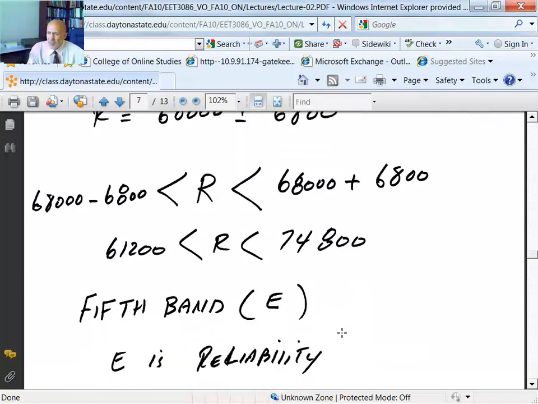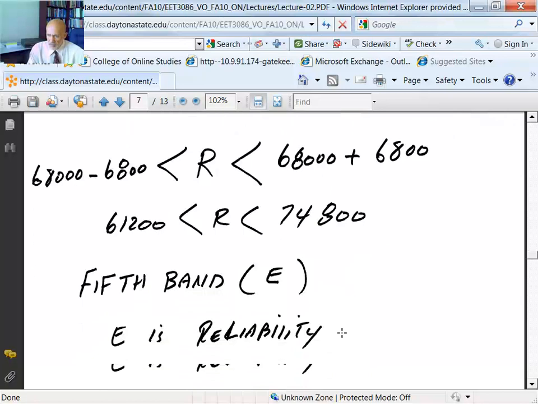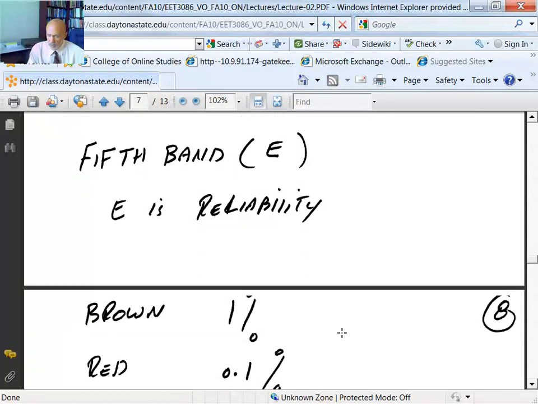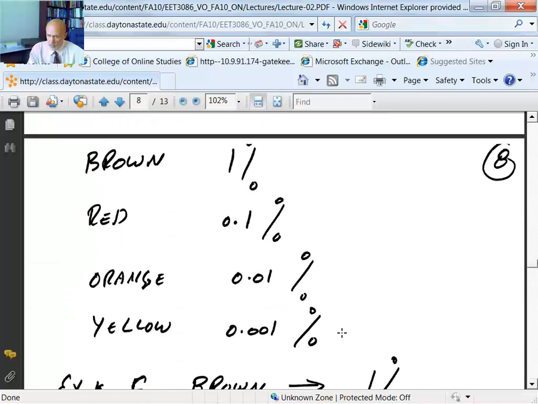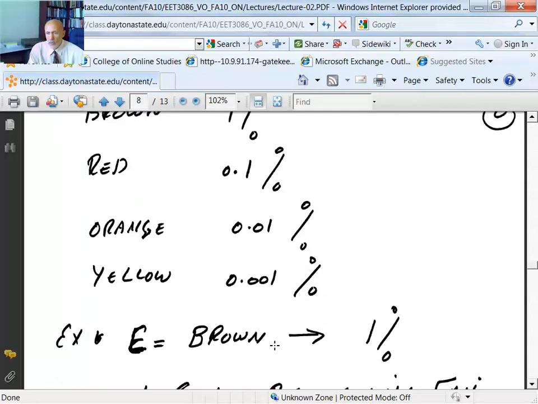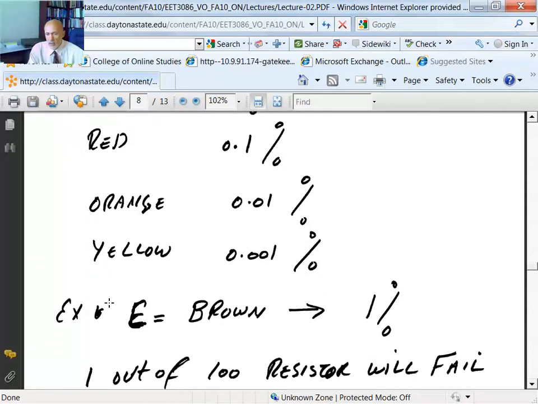And then the 5th band is E, which is reliability. There are 4 different colors for band E only. Brown is 1%, red is 0.1%, orange is 0.01, and yellow is 0.001. Let's say for this example you had a band E which was brown, which is 1%.